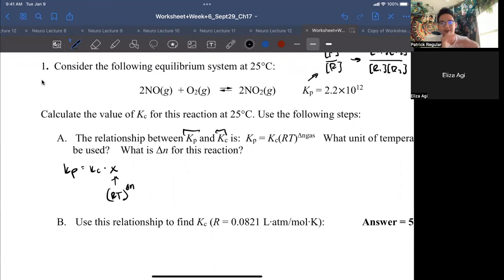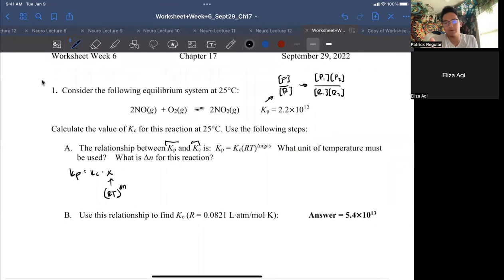Now, your delta N is very crucial. Sometimes you'll have questions that ask you specifically, what is delta N for the reaction, or which one would have, I don't know, the highest Kp, and you're looking for the highest delta N, stuff along that line. But your delta N is just counting the moles.